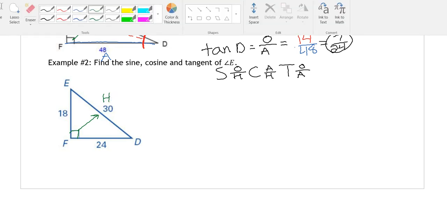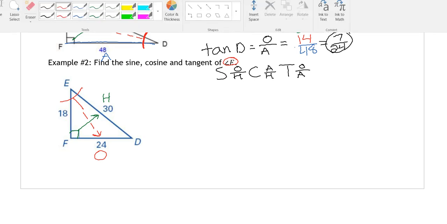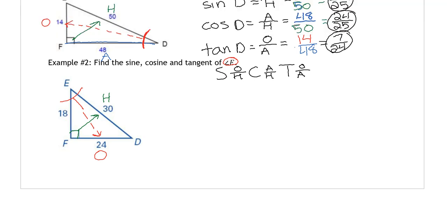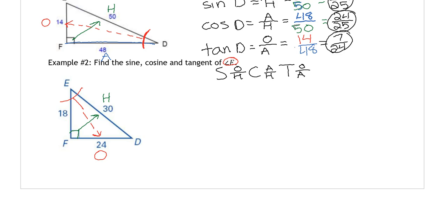Then I need to go across from my given angle. Here we're looking at angle E. That's my opposite side. And between the right angle and the given angle, there's my adjacent side.